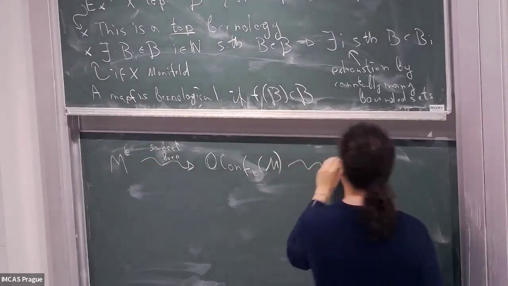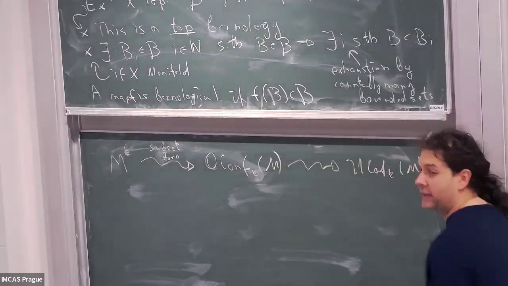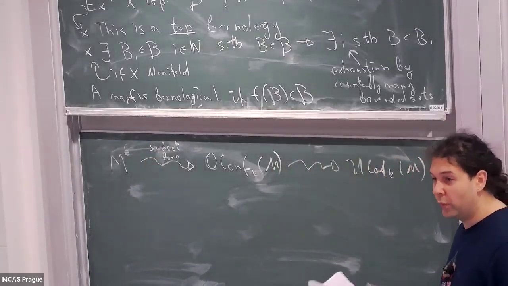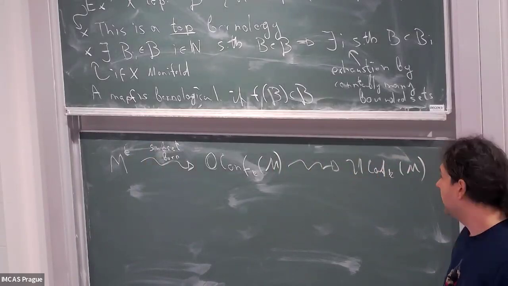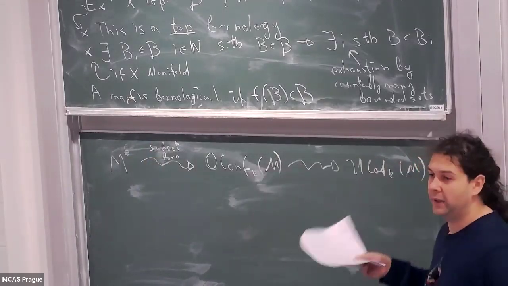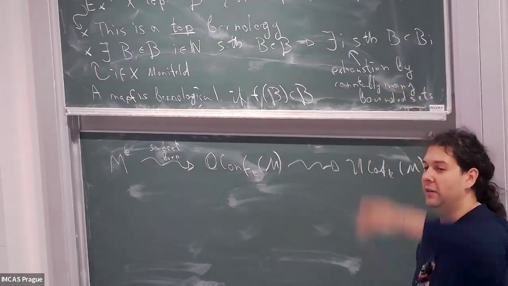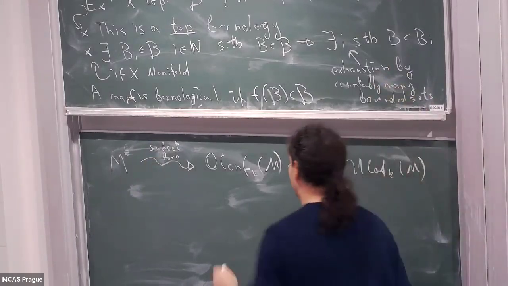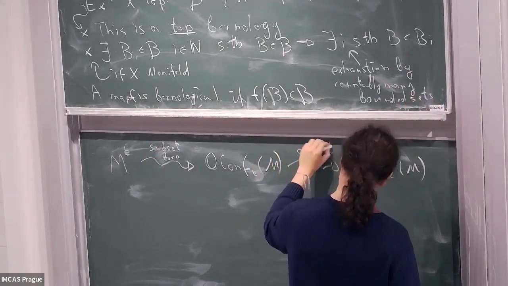And then we go to the quotient U_conf_k(M). And now we take the quotient bornology, which inherits all the nice properties we had before, because this map is a covering map, like near every point you have finite fibers. So the quotient bornology.